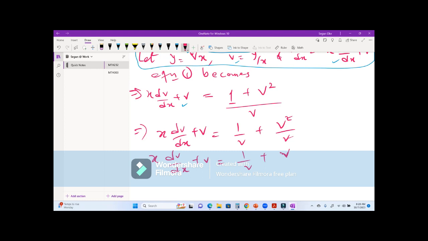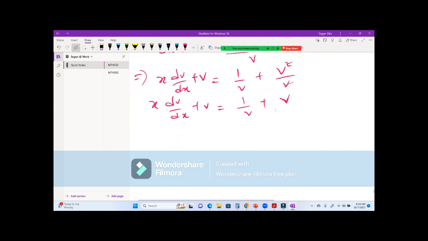So what do we need to do? Take this one v to the other side. It's a positive. When it crosses to the other side, it turns to negative, right? So you have x dv/dx equals 1 all over v plus v minus v, because this one is moving to the other side.